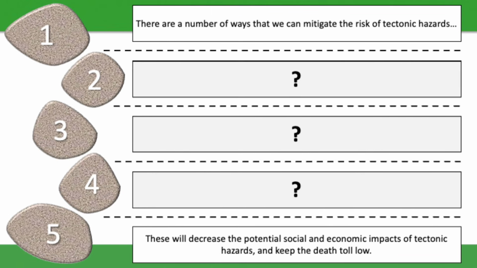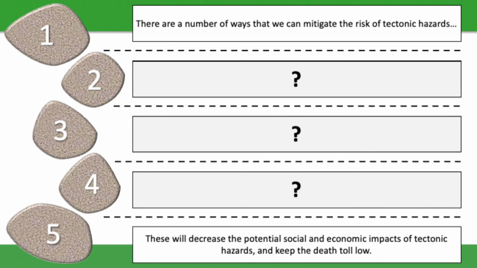So we might want to treat this a bit like perhaps a 4-mark question in the exam paper. And the exam paper could be explain how we can mitigate the risk of tectonic hazards. So it would be a good idea now to pause the video.